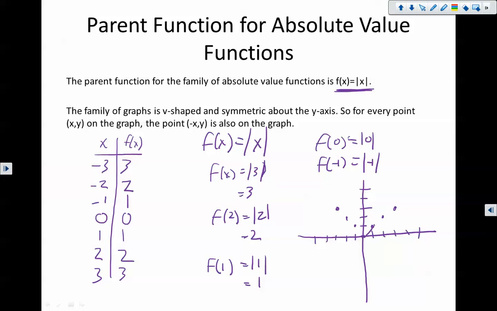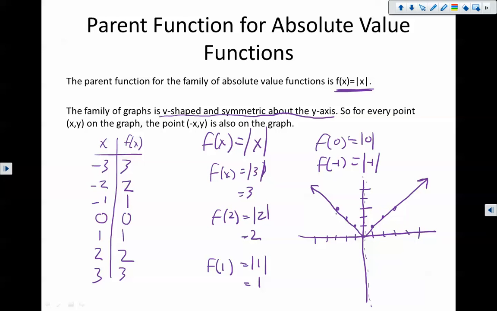Notice the shape of this graph. It's a straight line, but at some point, it gets kind of bent. It was going straight, and then it bounces off the x-axis and comes back up here. So notice that this is that V-shaped, symmetric about the y-axis shape. If you were to draw an invisible line right here on the y-axis, you could fold this over that invisible line.